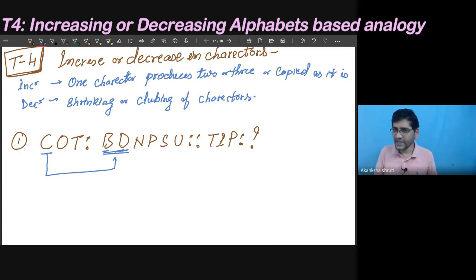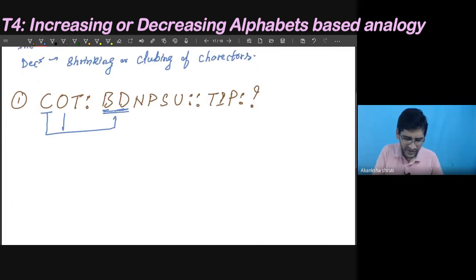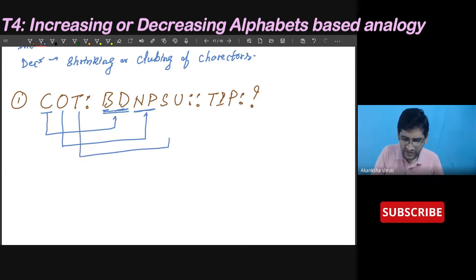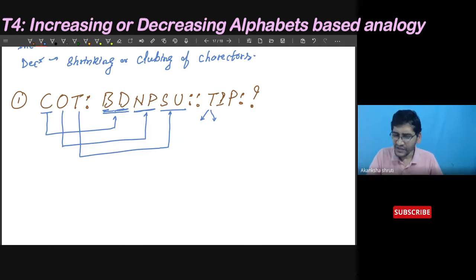Means before C and after C it is written. O is also producing the 2. One is N, another is P. Same we have to check for the other also. The T is producing one before, another after. So for this T, one before this T, another after this T we have to write. So STU, so S and U we have to write.